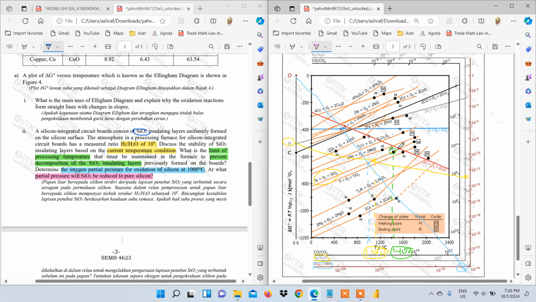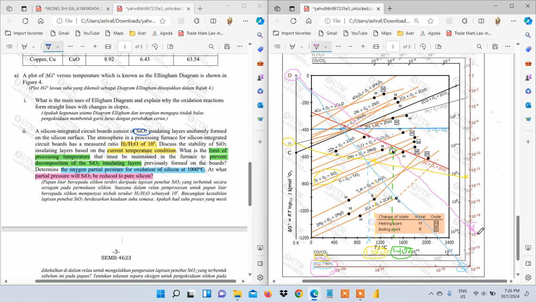So refer back to the melting point for our silicon slope right here. When they ask about partial pressure, we refer to the O on the left side and also the axis of partial pressure right here. So we drag our line from O, intersect with the melting point at our silicon slope, and then continue until we intersect with the partial pressure axis at the end here.